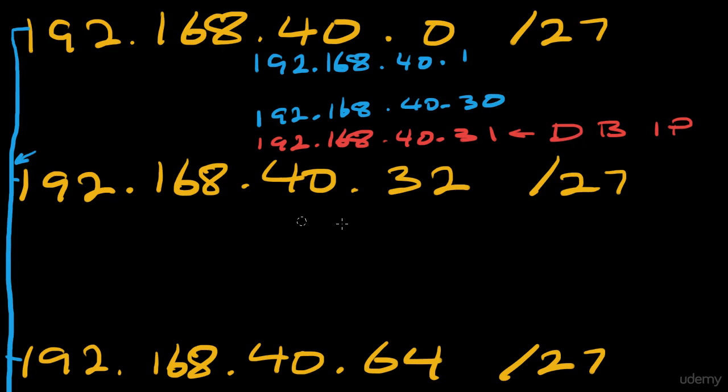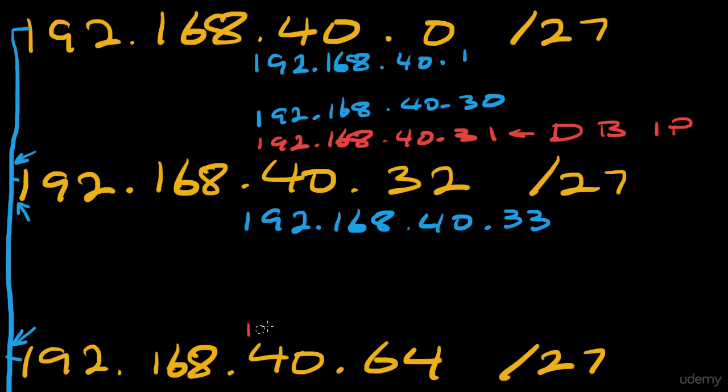For the 40.32 network, the first IP that you have right after the network ID is 192.168.40. If the network ID is 32, this will be 33. The next network ID is 64, so the IP right before that one would be the directed broadcast IP for the 40.32 network.